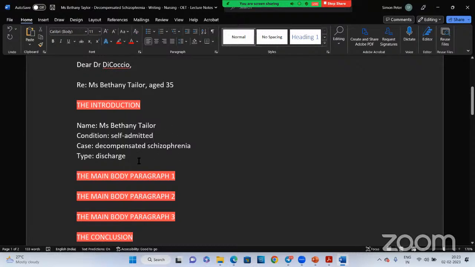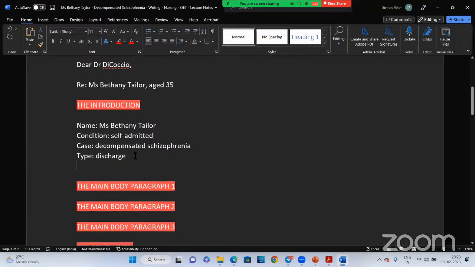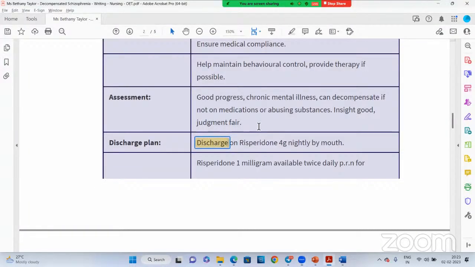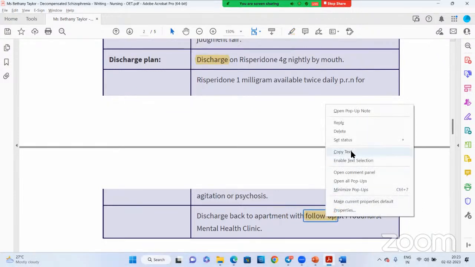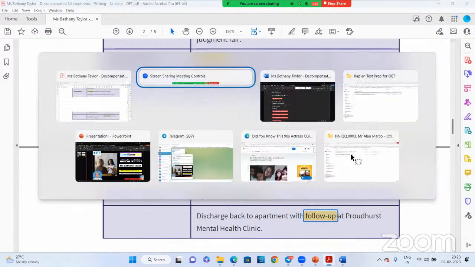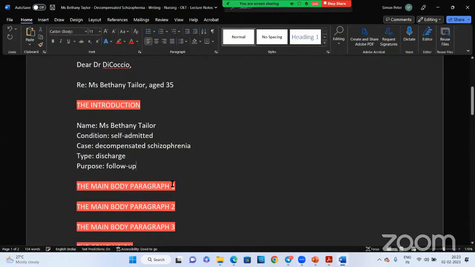Admitted. The next one is purpose. Why are you writing this letter? So, now let us see why you are writing the letter. Follow-up is required. The purpose is follow-up.